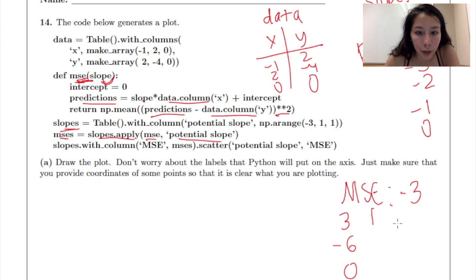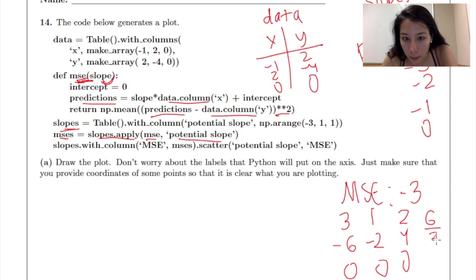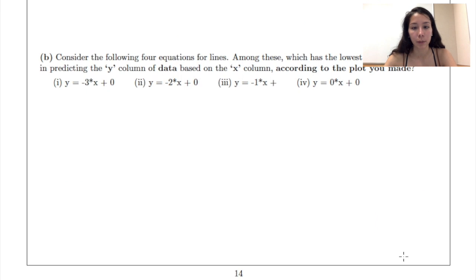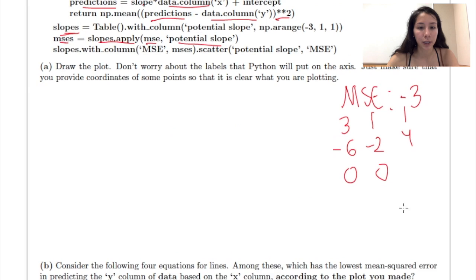So then we're going to square those. So this is going to be 1, this is going to be 4, this is going to be 0. And we're going to take the mean of that. So 1 plus 4 is 5, and we're going to be dividing by 3 because that's the total number. So we're going to get 5/3 for the mean. Alright, so that's the mean squared error for this one.